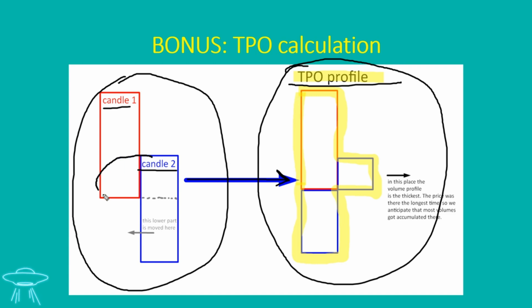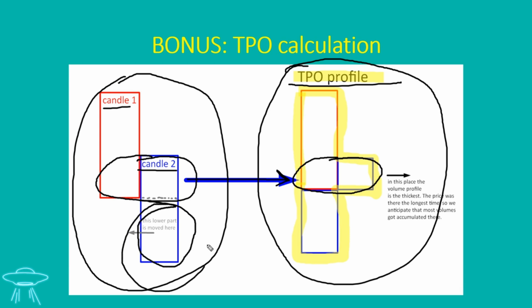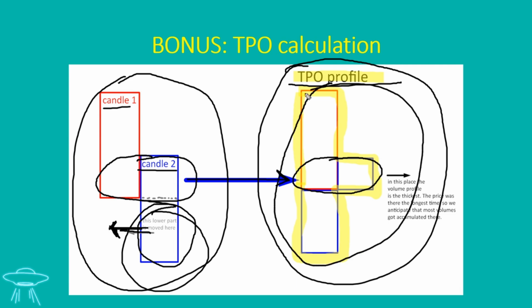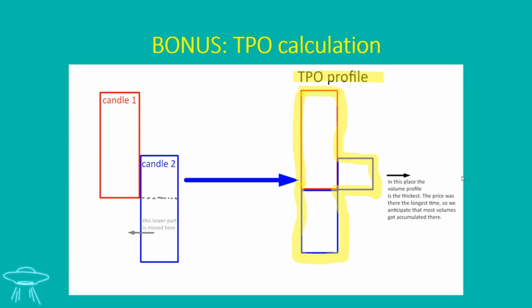And at this place where the candles overlapped, the TPO is the thickest. Alright, so this part of the lower candle is moved in here, so it looks like this in this picture. Alright, this is how a TPO profile is made. That's why you don't need volume data for a TPO profile. It's created simply by using candles.